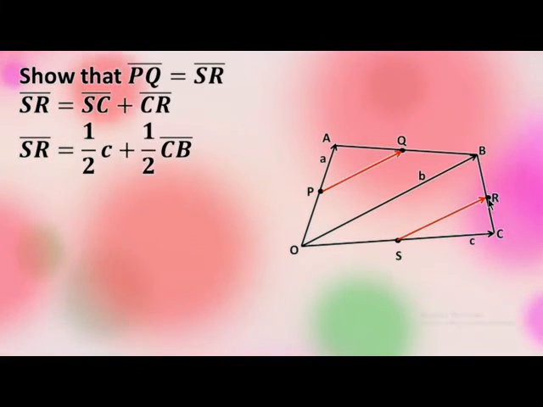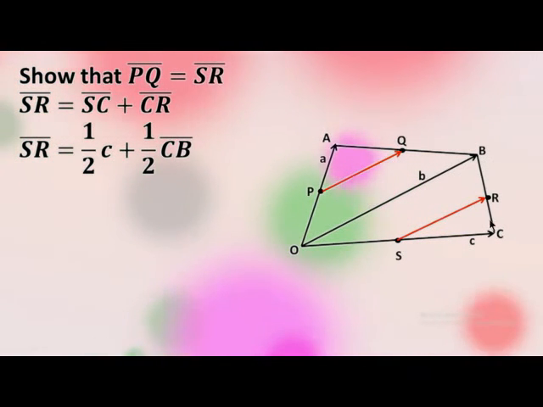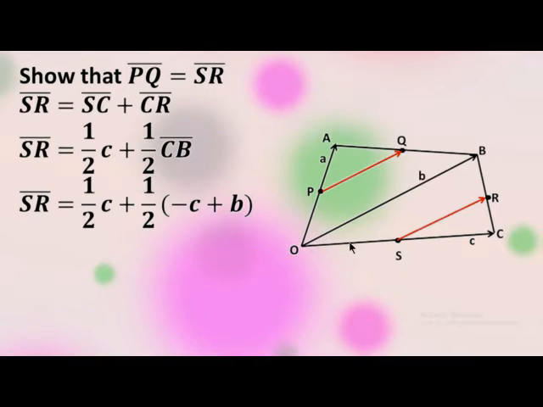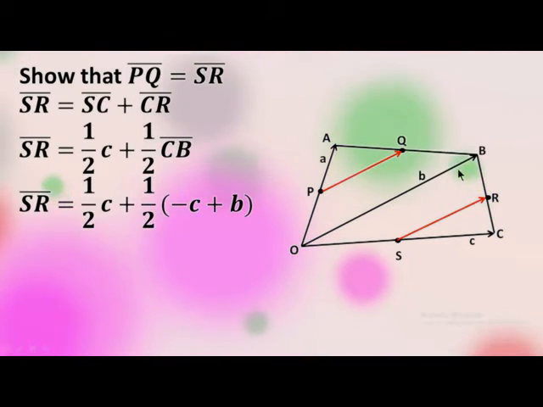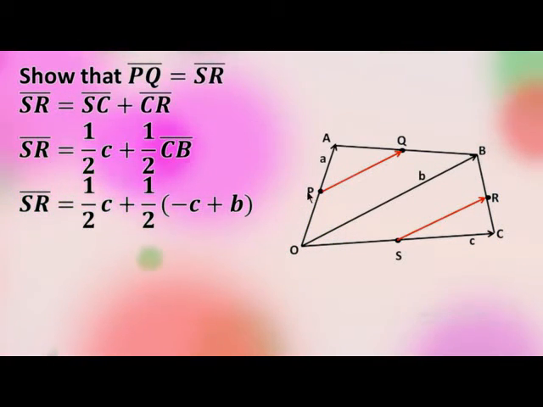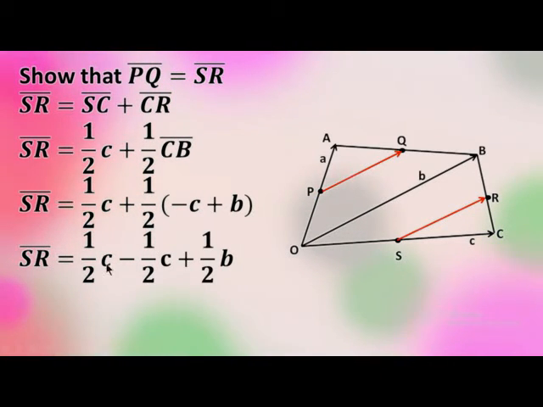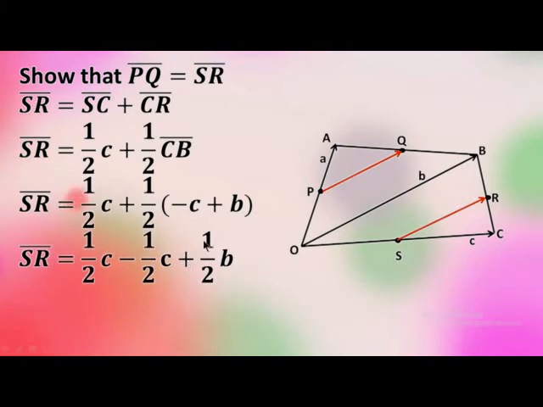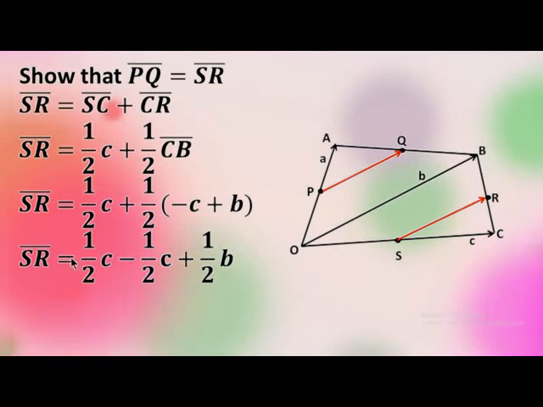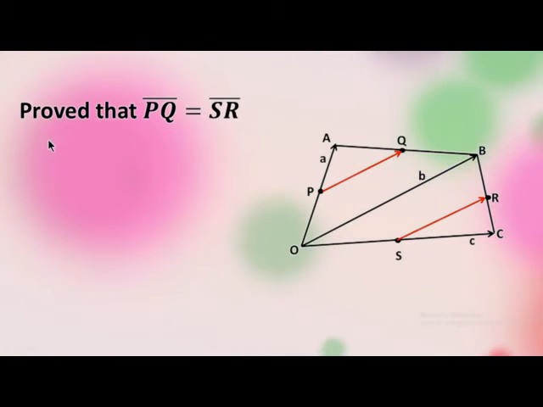See vector CB as a vector resultant of negative C plus vector B. Now multiply the half through all these vectors. We get that CR is half of C minus half of C plus half of B. This is equal to half of B. So SR equals half of B, and it is proven that PQ equals vector SR.